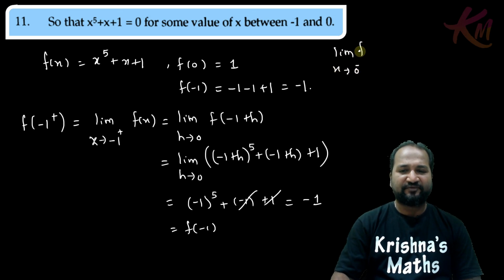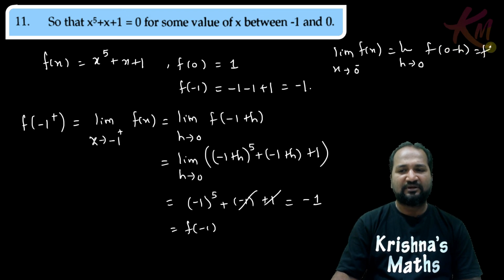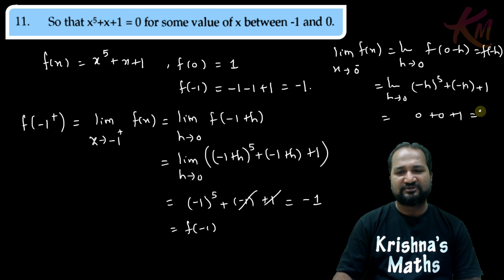Similarly, limit x tends to 0 minus f of x equal to limit h tends to 0 f of 0 minus h, which is equal to limit h tends to 0 of minus h raised to 5 plus minus h plus 1. So this is equal to 0 plus 1, which is equal to 1, and that is equal to f of 0.